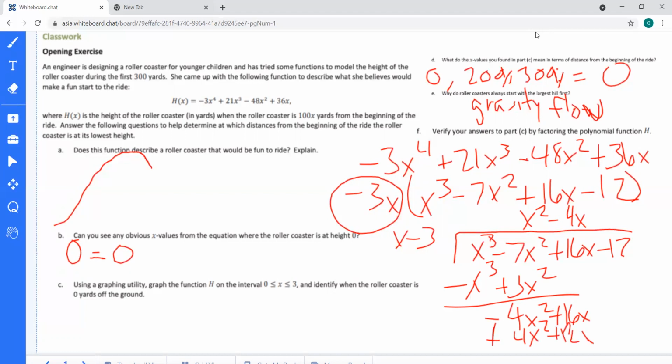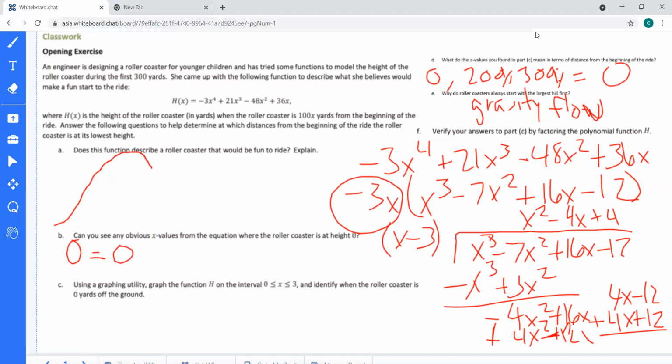Negate those. That's going to be 4x, 4x minus 12. And that works out good because we want plus 4. That's 4x minus 12. And we negate that. Okay. So definitely a factor.